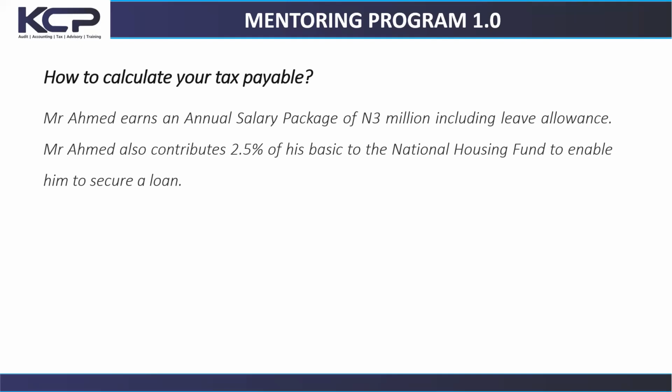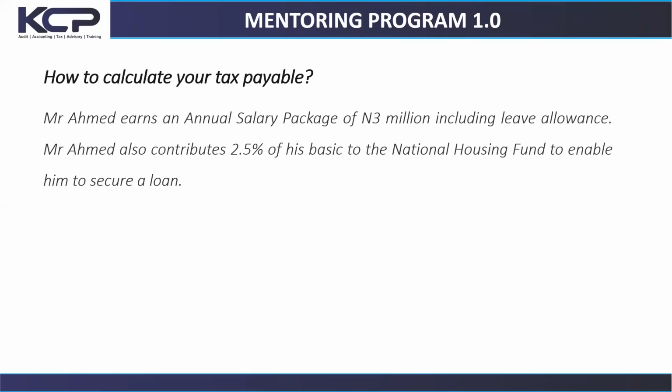So how will they remit the tax? They will have to look at the addresses or state of residence of each of these staff. Some people can be working in Lagos, but they are not residing in Lagos. So you have to sort all the payroll computations by the address of residence of these staff.